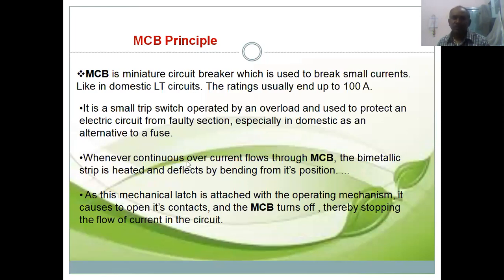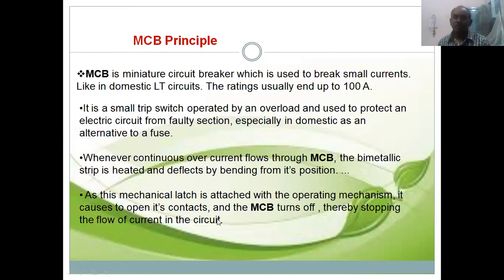Whenever a continuous overcurrent flows through the MCB, the bimetallic strip is heated and deflects by bending from its position. Then the two conductors open. As the mechanical latch is attached to the operating mechanism, it causes the contacts to open. The fixed contacts and moving contacts open, and the MCB turns off, thereby stopping the flow of current in the circuit.